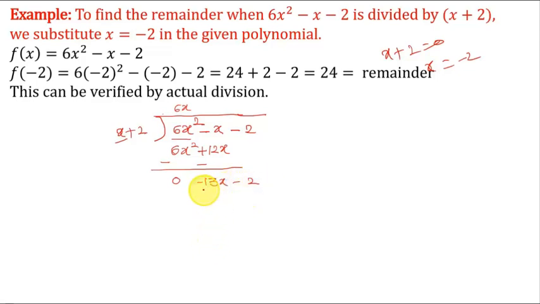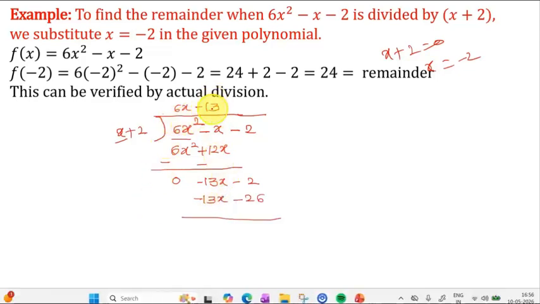Again consider minus 13x and here is x. Then to get minus 13x, we have to multiply this x by minus 13 and hence I will write here minus 13. Now multiply minus 13 to these two terms. Minus 13 into x, then you will get minus 13x. Next, minus 13 into plus 2, you will get minus 26.